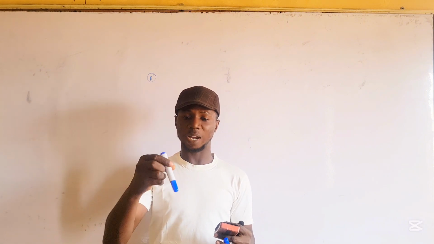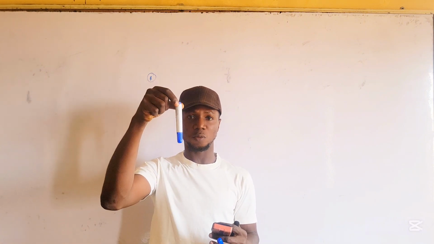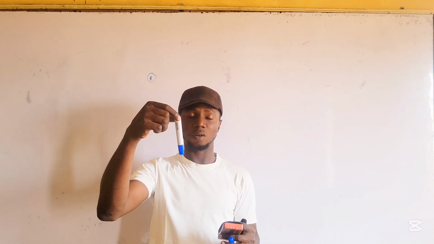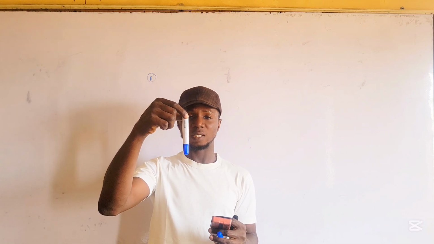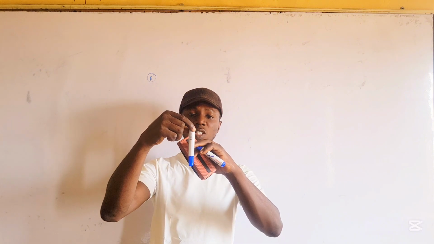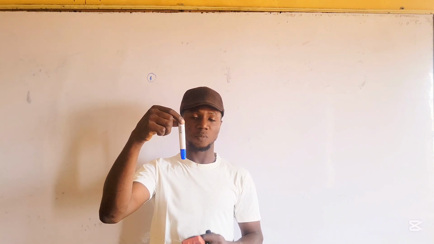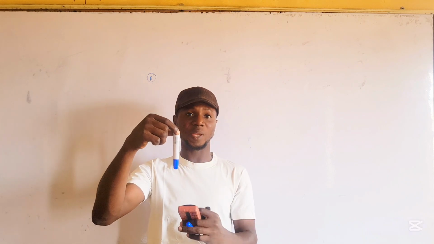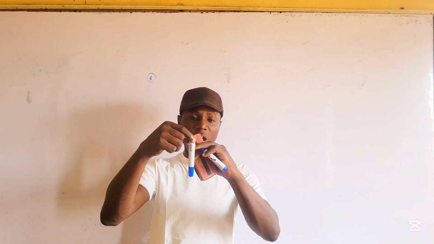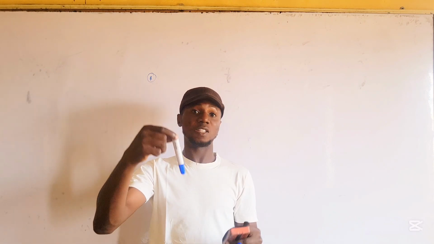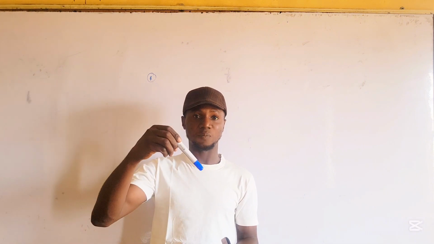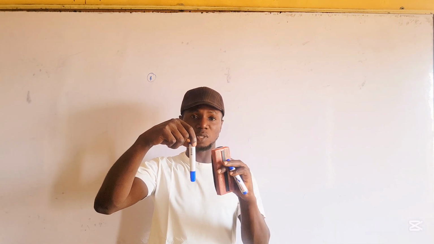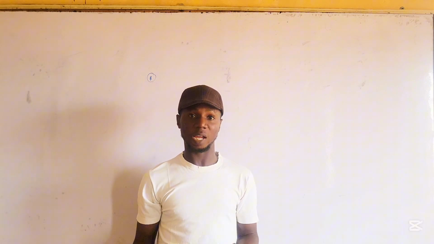That means if this marker, as it is now, is a radioactive substance, there is a particular number of years or seconds or minutes, or time generally, that this marker will be expected to disintegrate half of it. The remaining half will spend that same time for half of the remaining one to also disintegrate, and it continues like that. That time required for half of the substance to disintegrate is what we refer to as half-life.